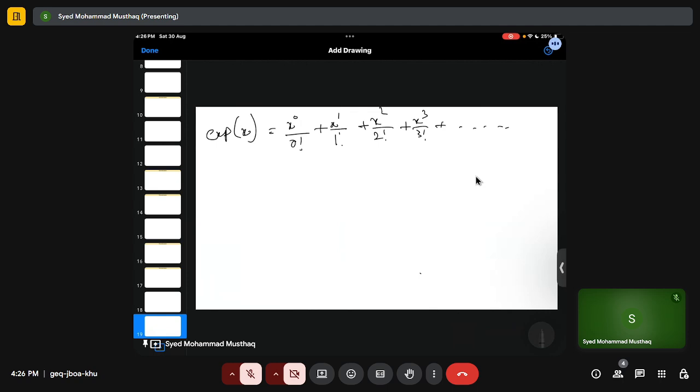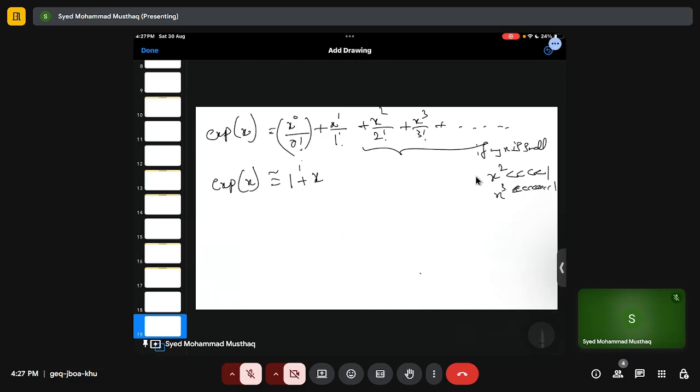Right, now if my x is very small, then x square will be very small, x cube will be even smaller, so we don't involve these terms. And we know x power 0 is 1, 0 factorial is 1, so this becomes 1. So exponential of x can be approximated to 1 plus x.